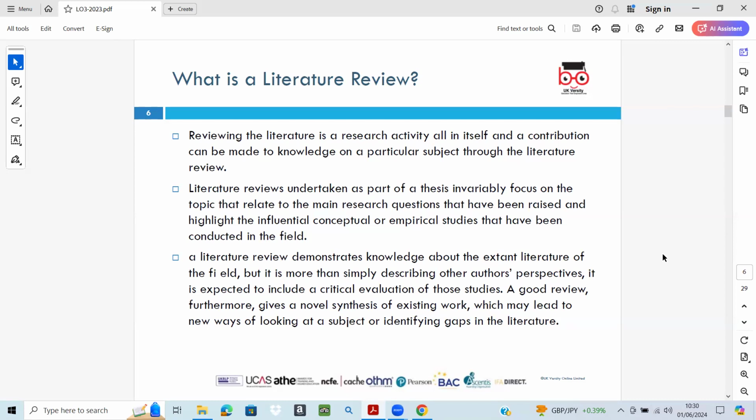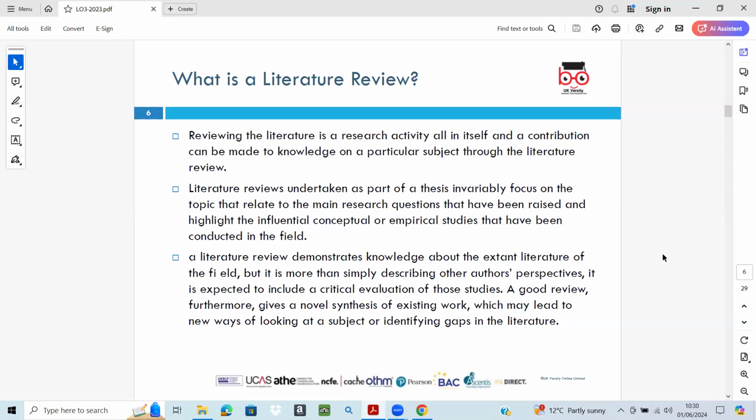Research activity involves identifying, retrieving, reading, and synthesizing various sources related to the research question. This process itself requires methodological and systematic research skills.